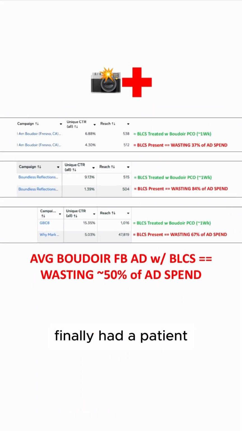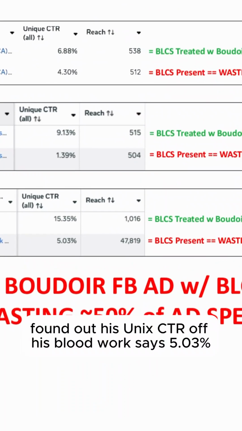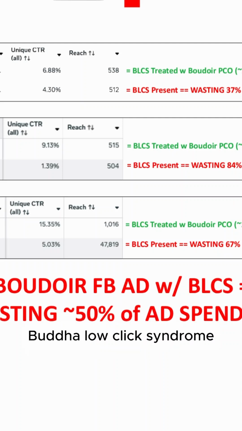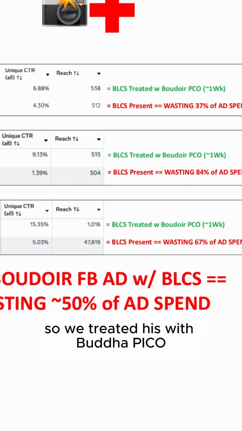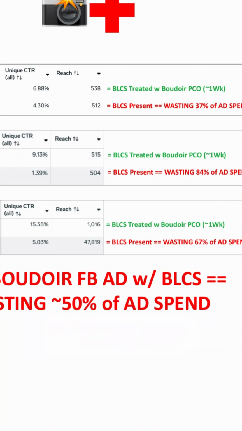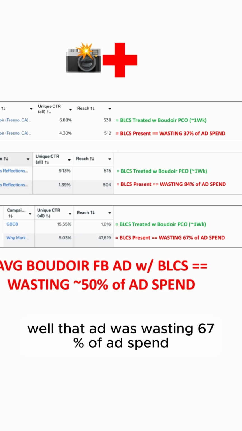Finally, I had a patient, found out the unique CTR of his Boudoir Facebook ads was 5.03%. So when it's under 6%, we know that BLCS is present, Boudoir low click syndrome. So we treated his with Boudoir PCO, took about a week, got the unique CTR up to 15.35%. So found out that ad was wasting 67% of ad spend.